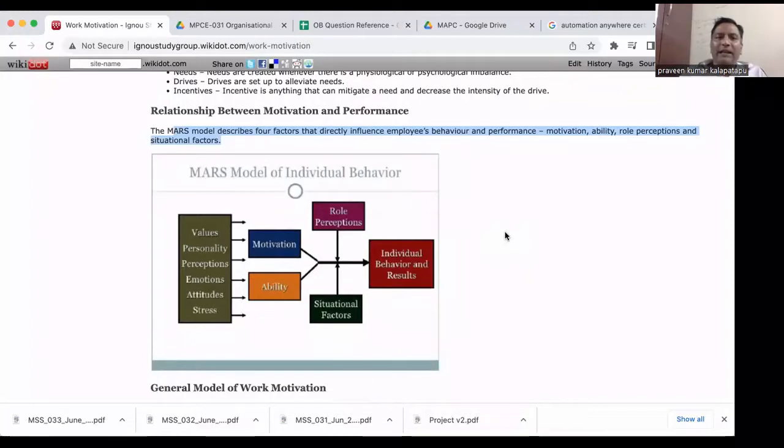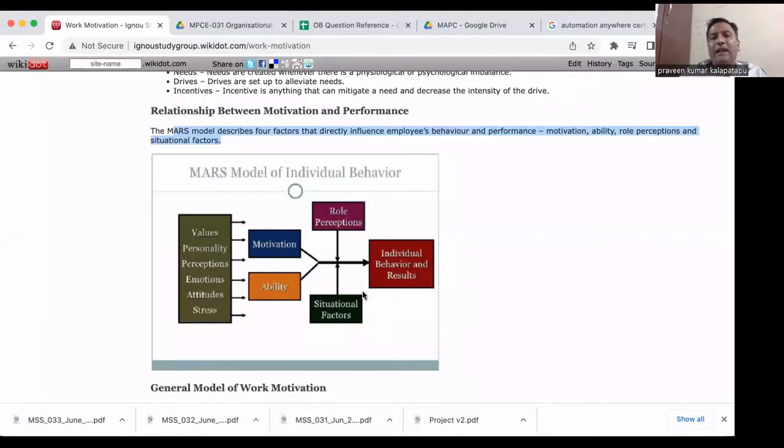You have motivation, you have ability, and you have clarity of your role, whatever you are going to perform, and you are well aware of the situation. All these things drive the results. So performance is the result of motivation plus ability plus the clarity you have about your role, plus the situational factors which are helping you, right?